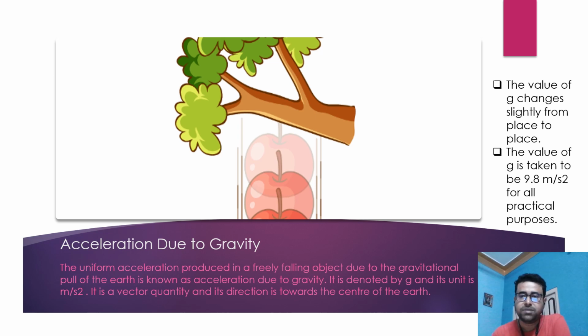The value of g slightly changes from place to place, and it is taken to be 9.8 meter per second square. It is a vector quantity because it has a direction towards the earth. The earth is pulling everything, so acceleration due to gravity is a vector quantity, and its value is 9.8 meter per second square.